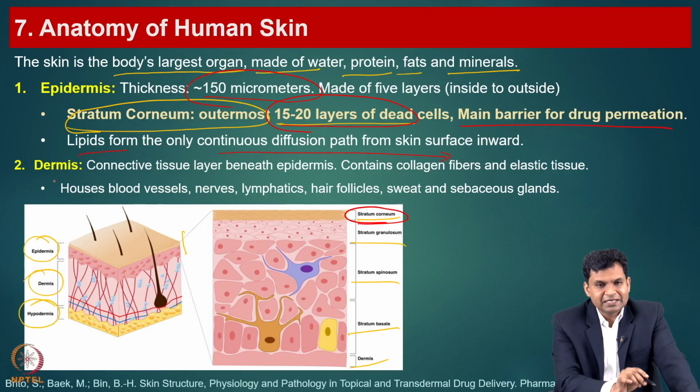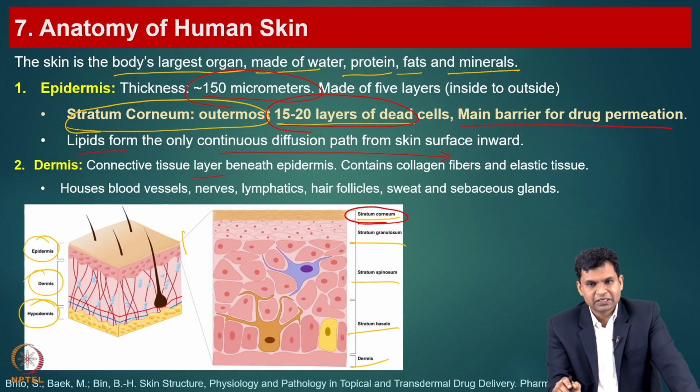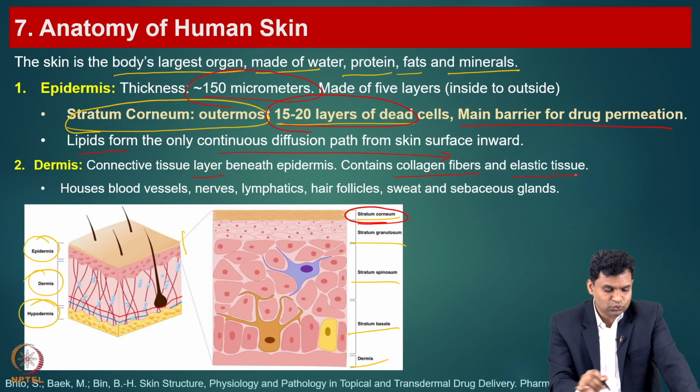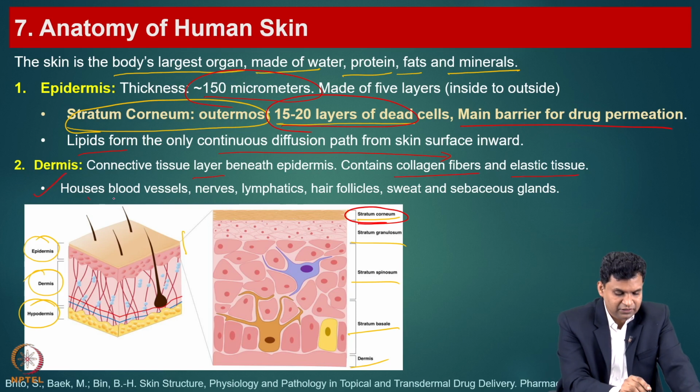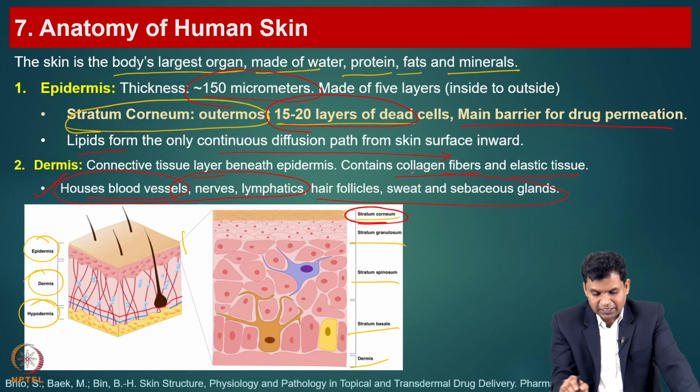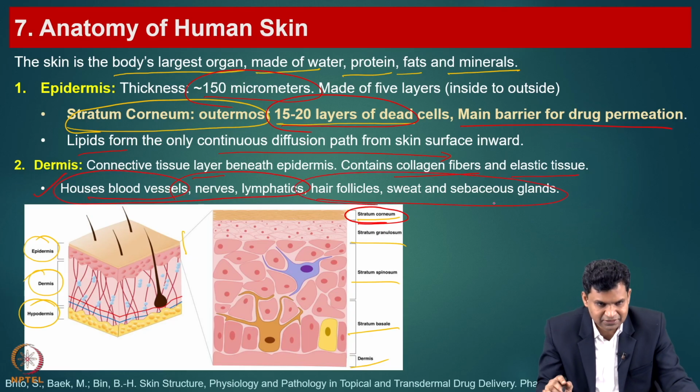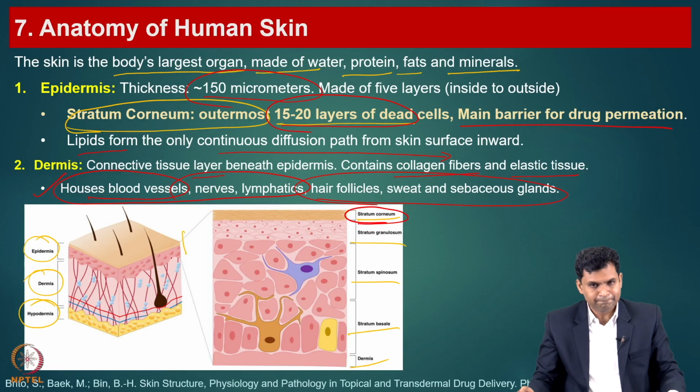The dermis is the second layer, which contains various types of connective tissues, including collagen and elastic tissues. It is loaded with blood vessels, nerves, hair follicles, and sweat and sebaceous glands, which you can see clearly in the picture.